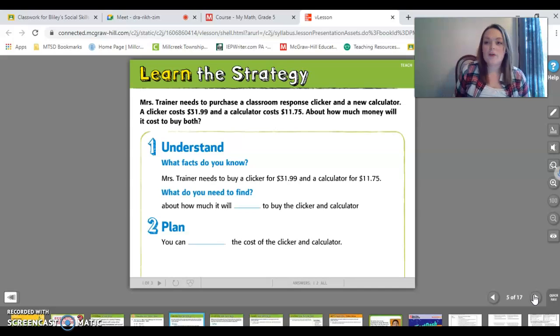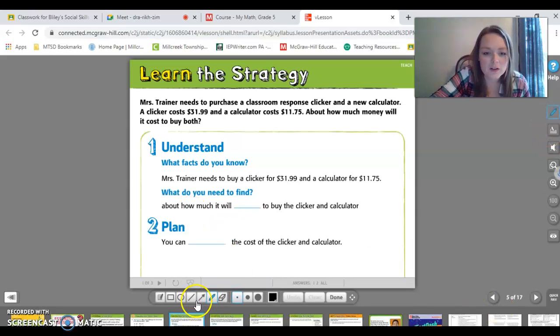Okay, so follow along with me in your papers as I read this. Mrs. Strainer needs to purchase a classroom response clicker and a new calculator. A clicker costs $31.99 and a calculator costs $11.75. About how much money will she spend? Okay, let's underline our important information.